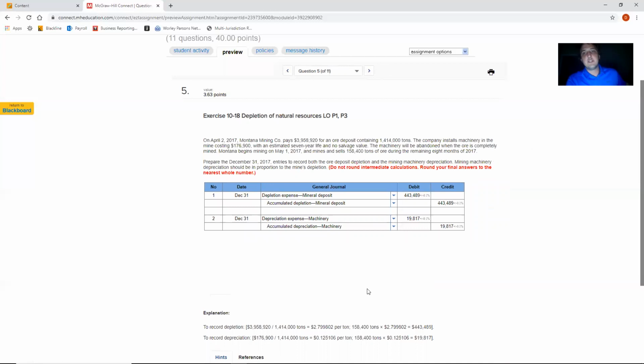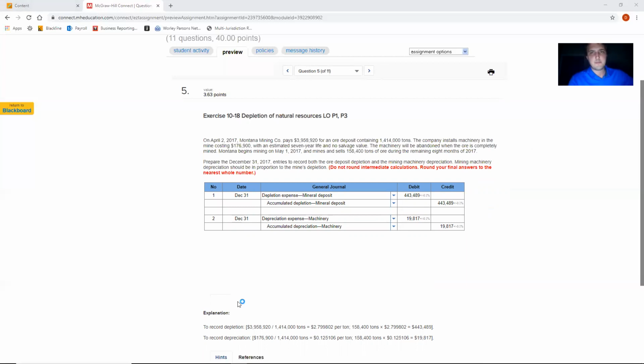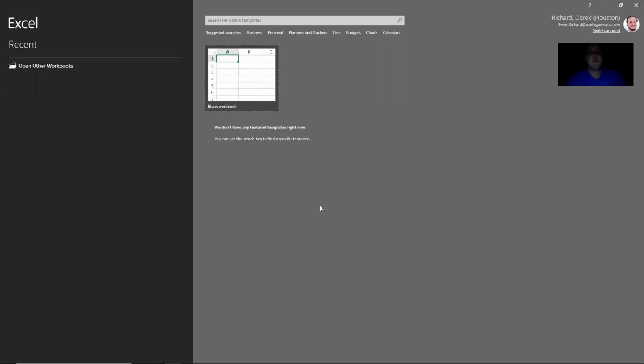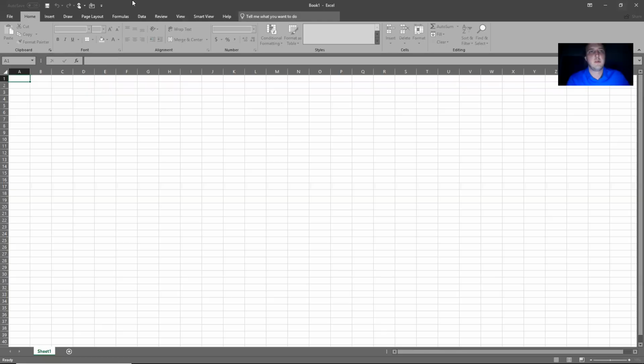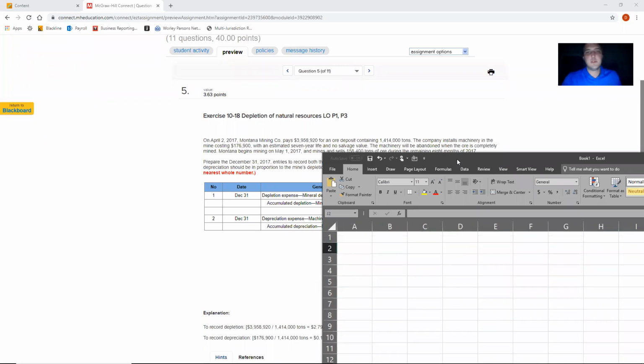All right, so now the entry to actually do the depreciation. So we'll go through the calculation here, because they don't have it spelled out. And open up the Excel file. All right, so when we're doing depreciation, we're always going to need the purchase price.